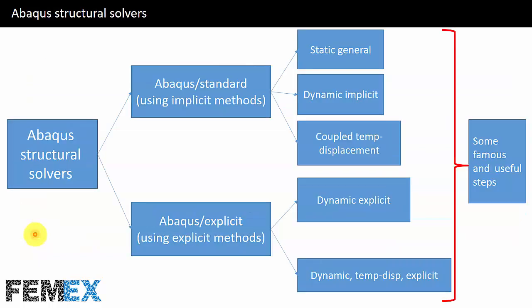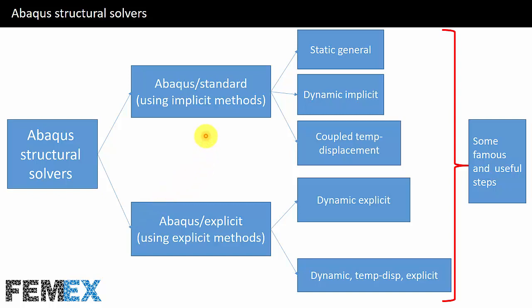Abaqus has two structural solvers, Abaqus Standard and Abaqus Explicit. Abaqus Standard uses implicit methods for solving nonlinear problems, and Abaqus Explicit uses explicit methods for solving nonlinear problems.